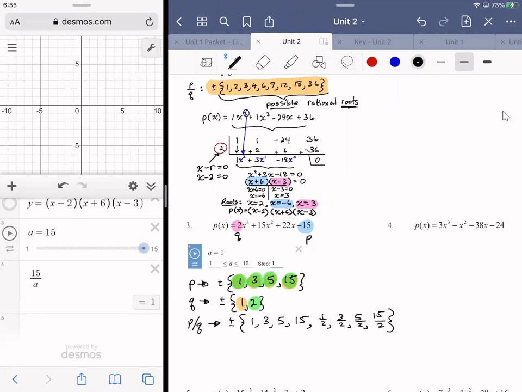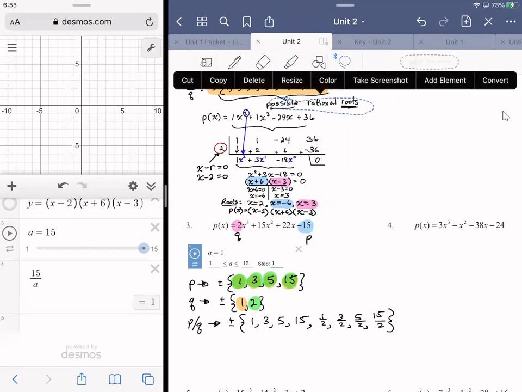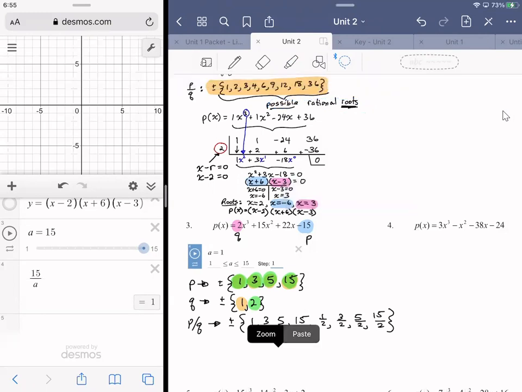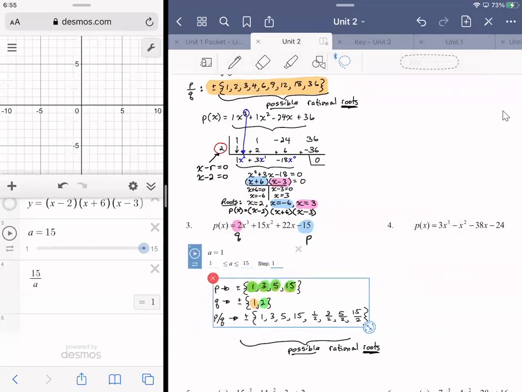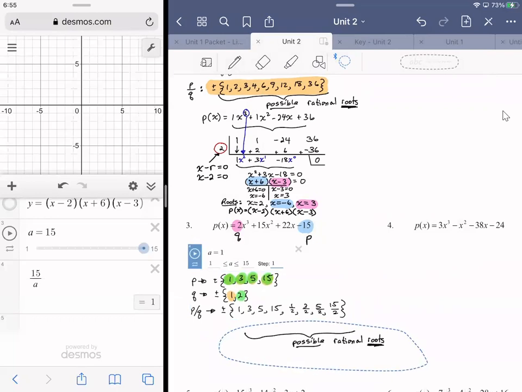All right. So this is the list of possible rational zeros. All right. Possible rational roots. Same zeros. Can't stop myself.